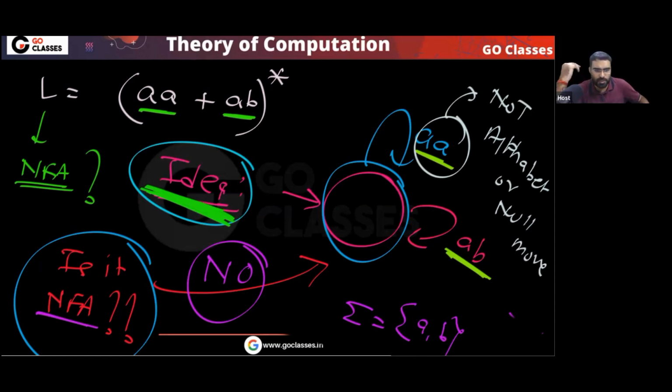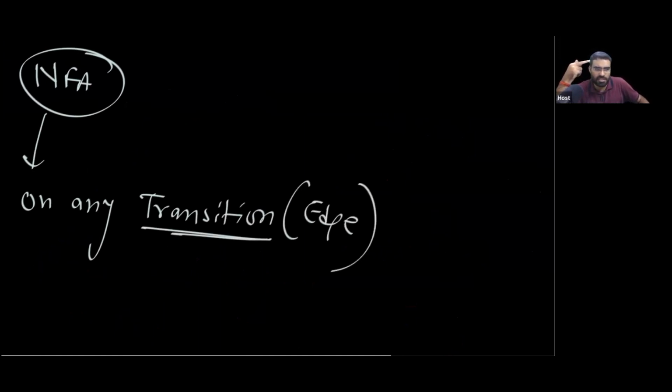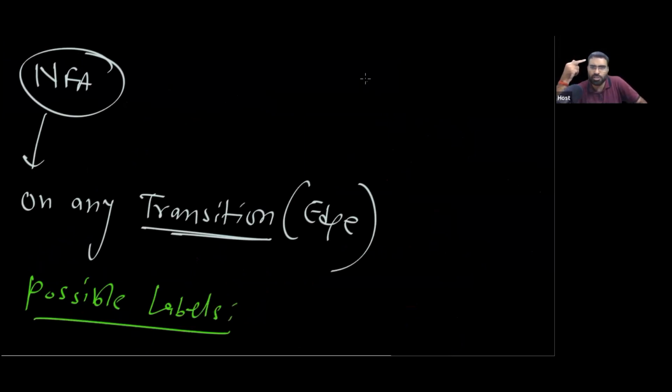So please understand this point, a very clear point I'm telling you. In an NFA, on any transition, what label can you give? What are the possible labels?